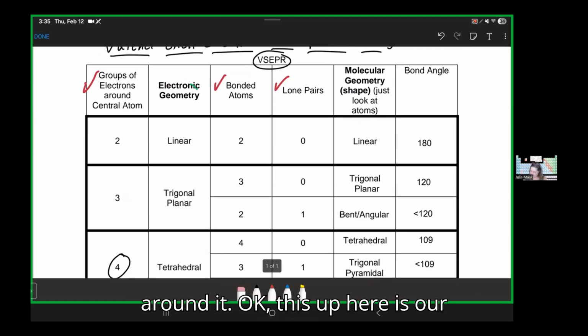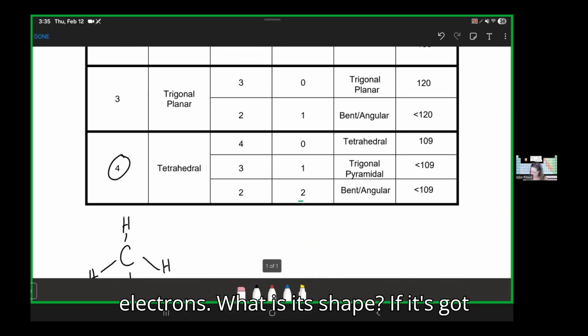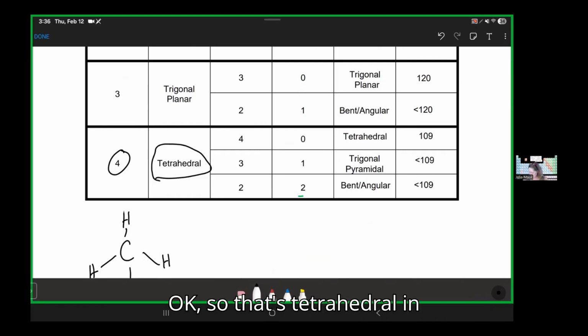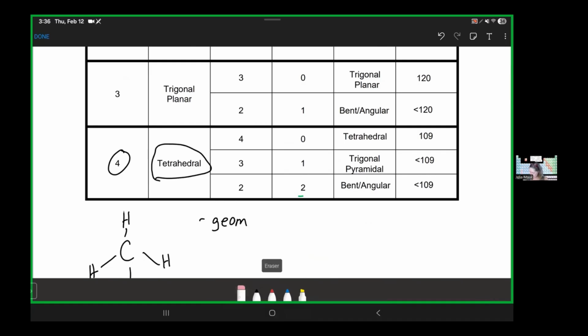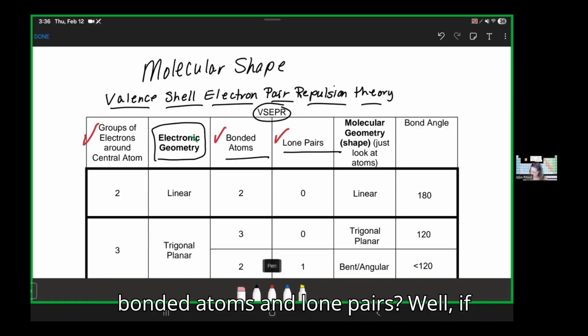This up here is our electron geometry, based on just electrons. What is its shape? If it's got 4 groups around it, it's tetrahedral. So that's tetrahedral in electron geometry. If we're looking at molecular geometry, this one up here is about how many bonded atoms and lone pairs.